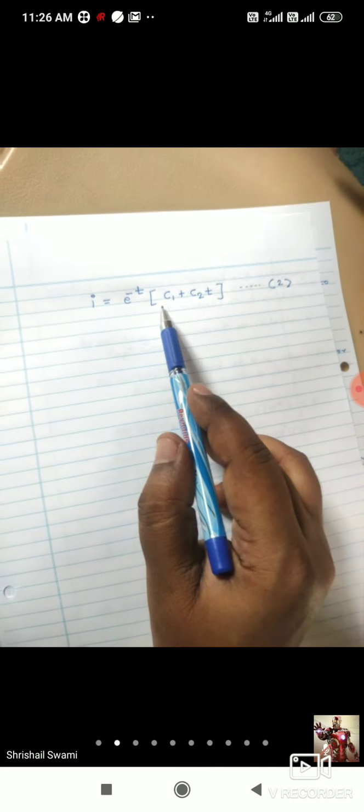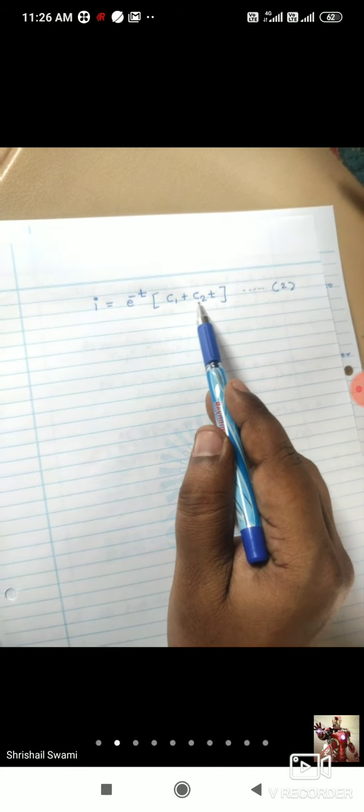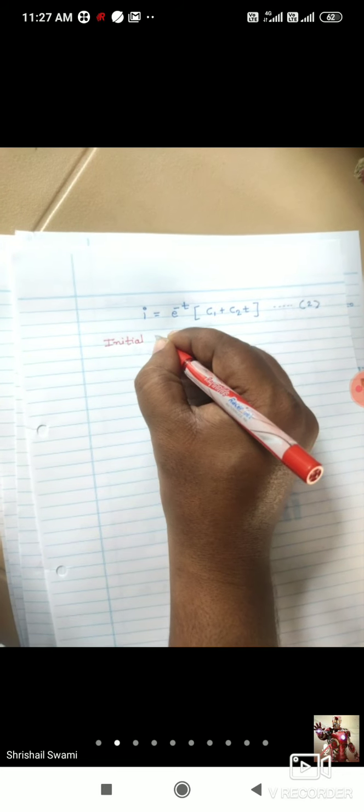Okay, so we need to find out the c1 and c2 value by using initial conditions. Can we complete this problem? It will require 5 more minutes. Okay, so initial condition we are going to use.